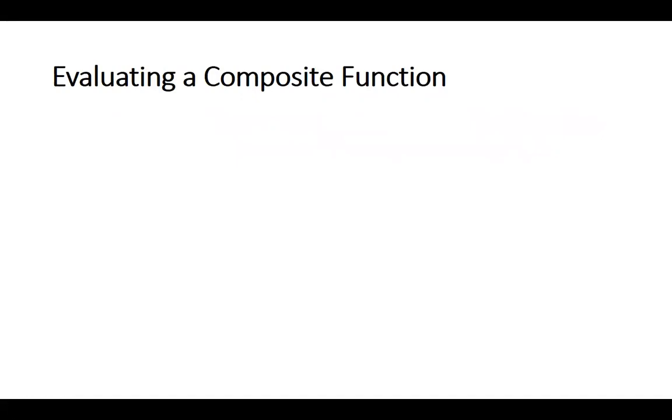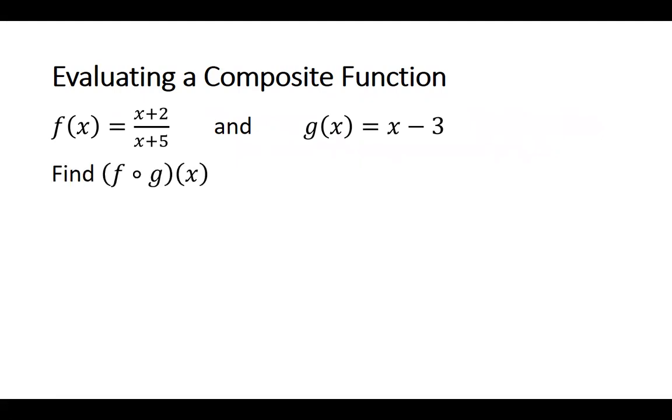Well, how do we evaluate a composite function? Let's take a look. We've got f of x equal to (x + 2)/(x + 5), and g of x equal to x - 3. We want to find f composed of g of x, or f of g of x. All we're going to do is take g of x, that x - 3, and substitute it into f of x.